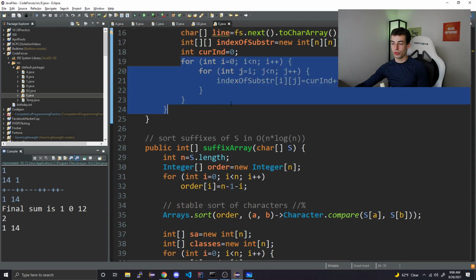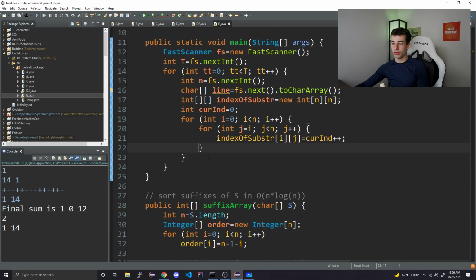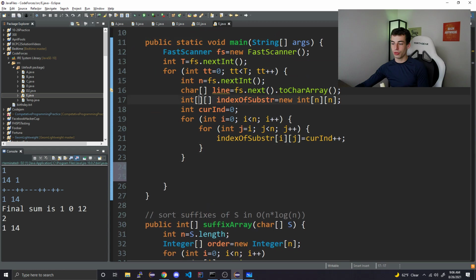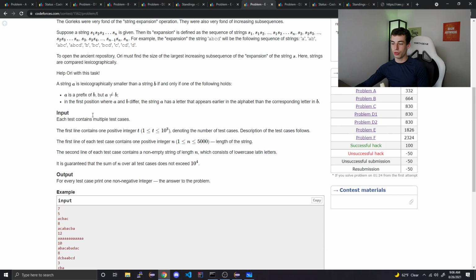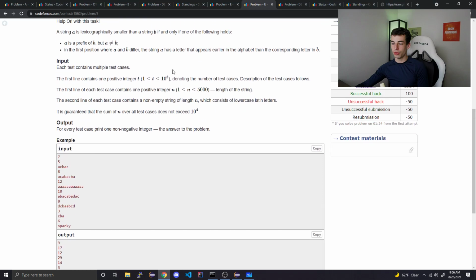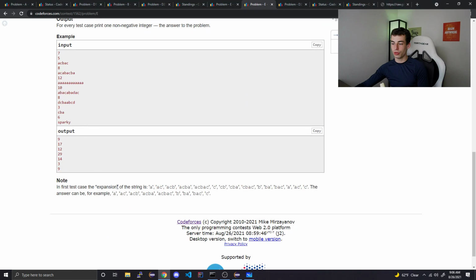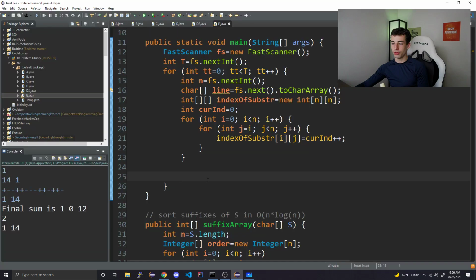Okay, so this will set the current index of the substring we're interested in. Yeah, good. So we should be fine there. So then what do we need after that? Yeah, okay, so we have all these substrings, good. So then we need to run suffix arrays.